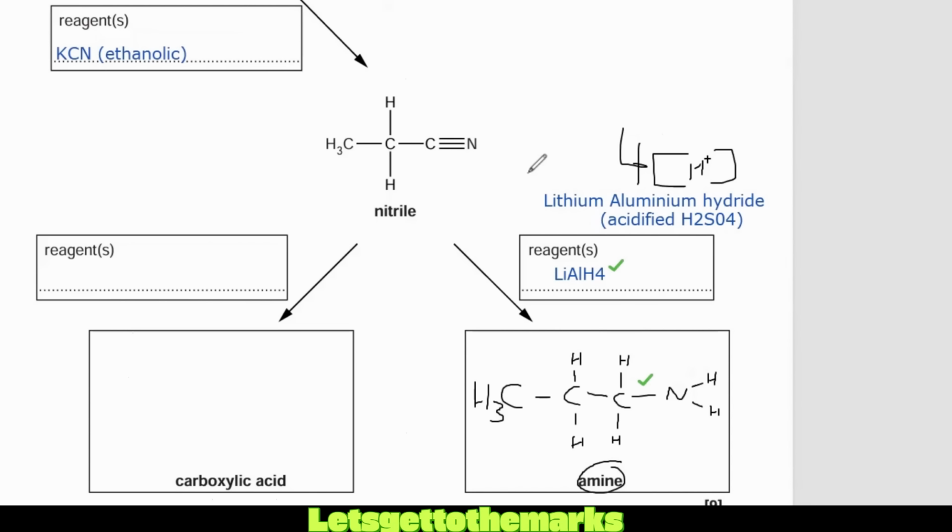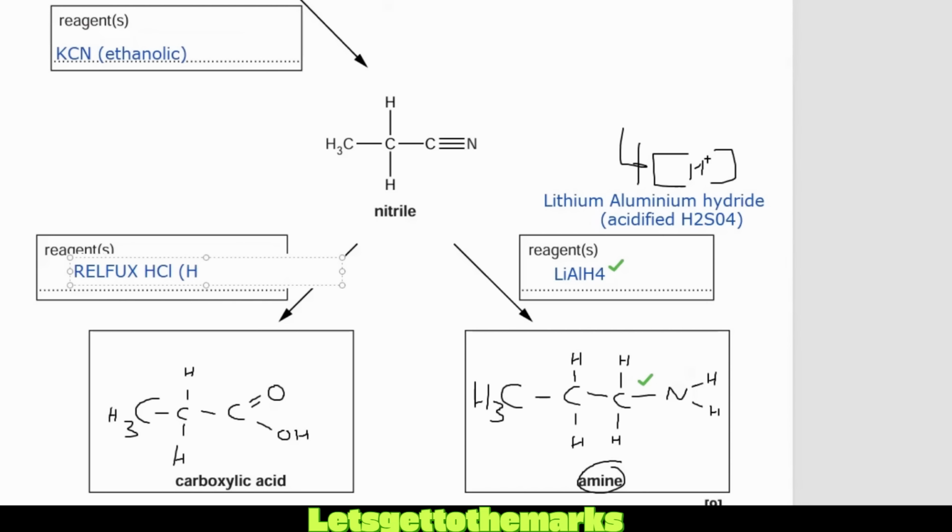So what we're going to need here is hydrochloric acid as a source of hydrogen ions, and we need hydroxide ions.